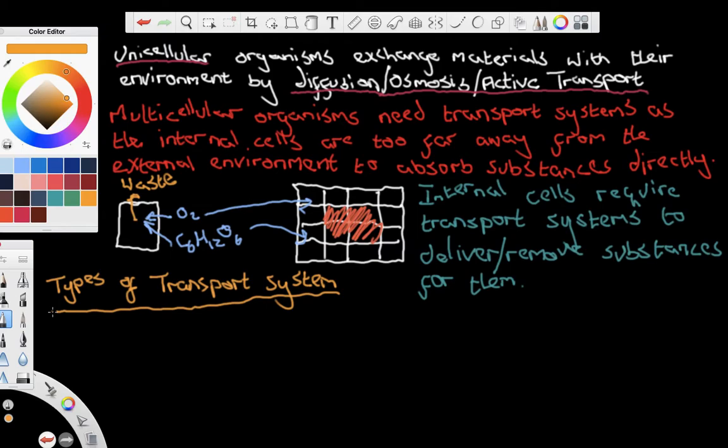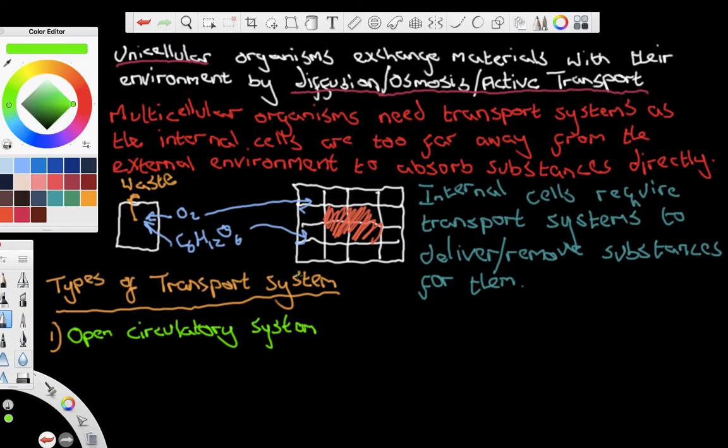So, the first type of transport system is what's known as an open circulatory system. Now, an open circulatory system is where blood does not flow through blood vessels.